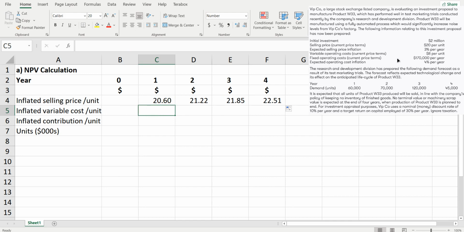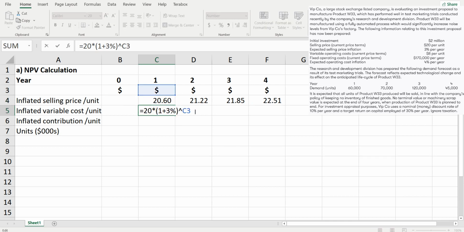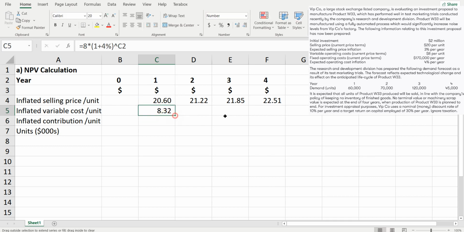Okay, variable cost is $8 per unit for each year, so you can just drag it. So 8, and this is 4%, and drag, and inflated.